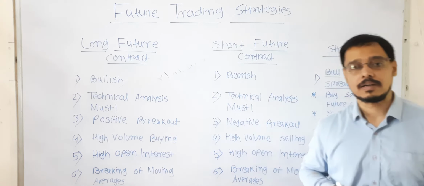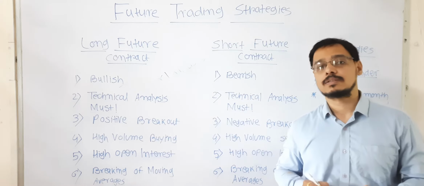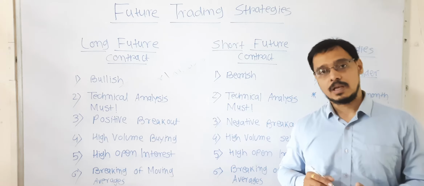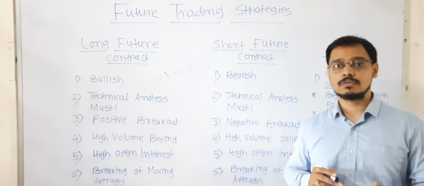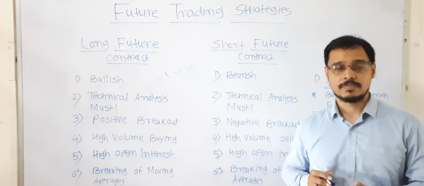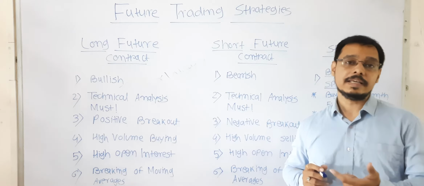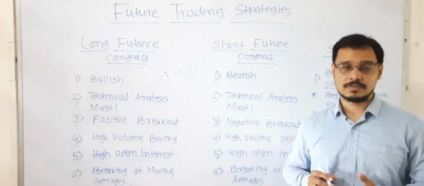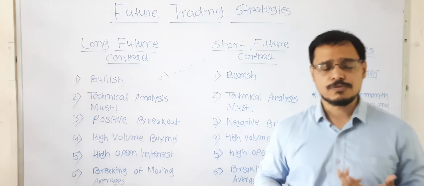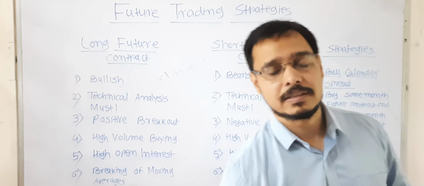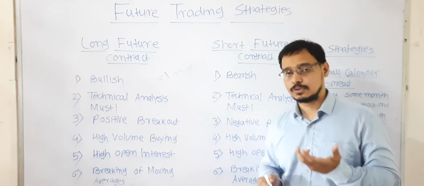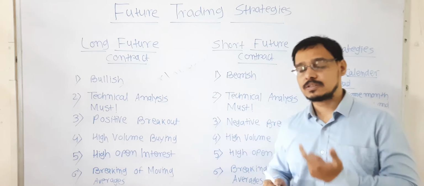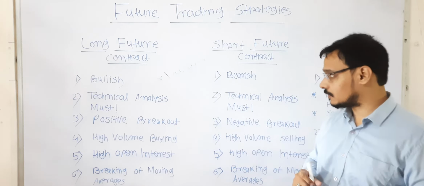So there are different indicators such as relative strength index, moving averages, convergence and divergence, then ADX, then Bollinger Bands. There are different types of indicators which you will have to use along with the Japanese candlestick chart patterns.